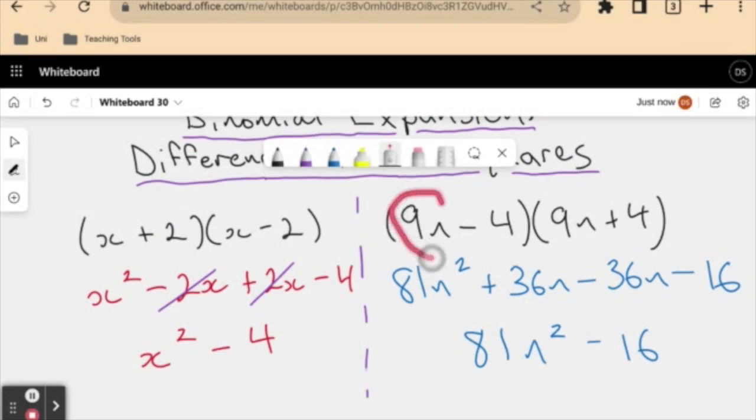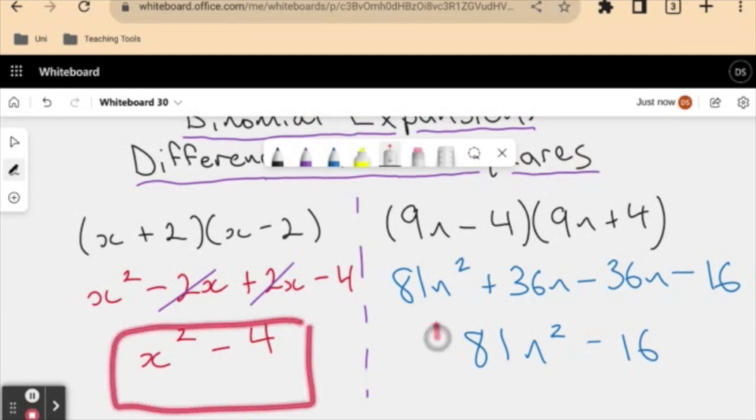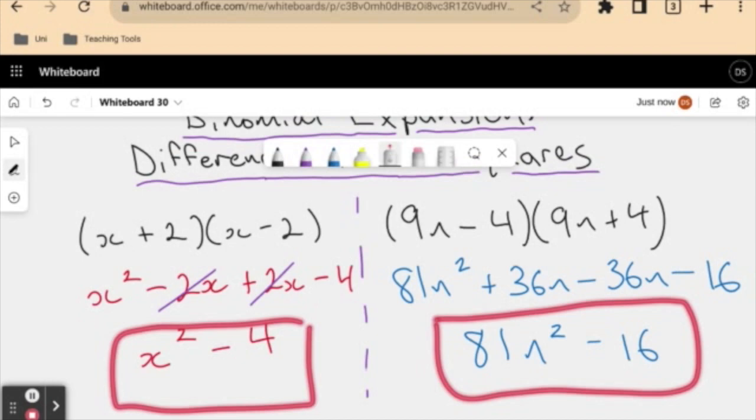Same thing here. The square of 9n is 81n squared, and the square of 4 is 16. And we, once again, had this subtraction. So we can say that the answers led to a difference of two squares. So that's pretty much what we're showing, right? When we talk about a difference, usually we talk about subtraction. So we have one square subtracting from another.